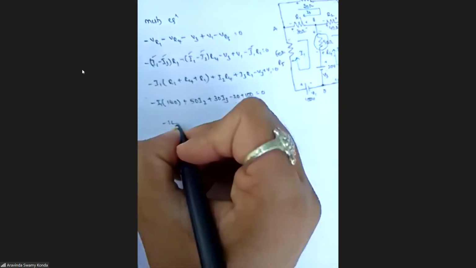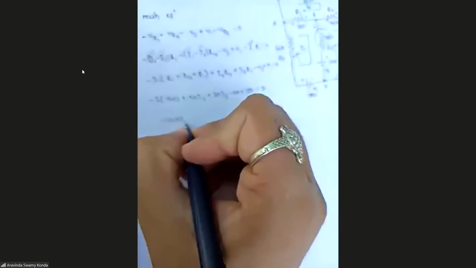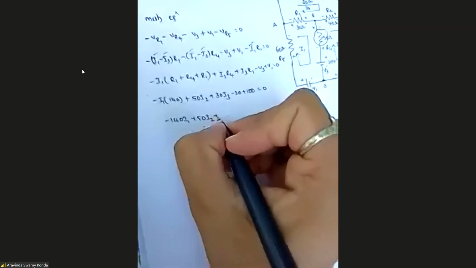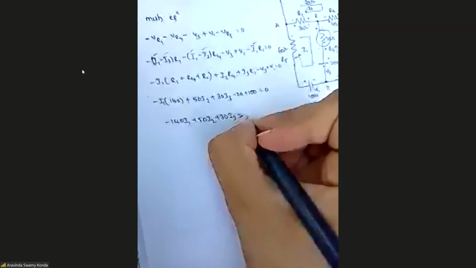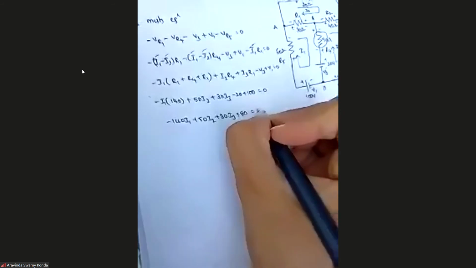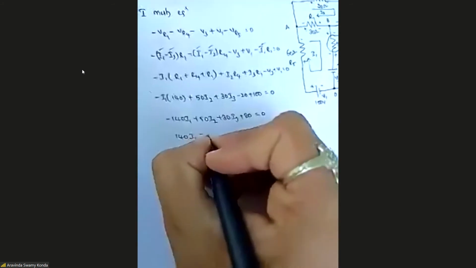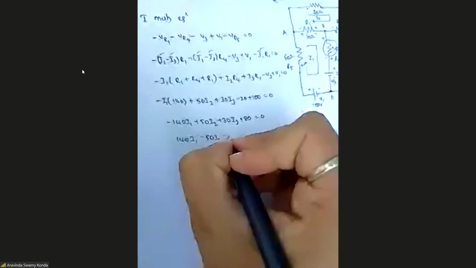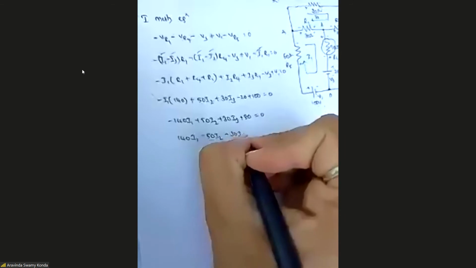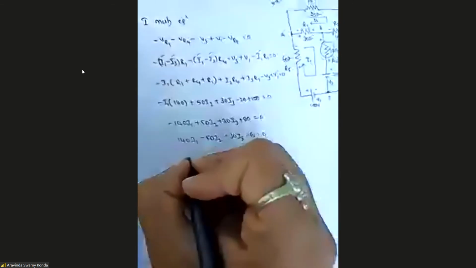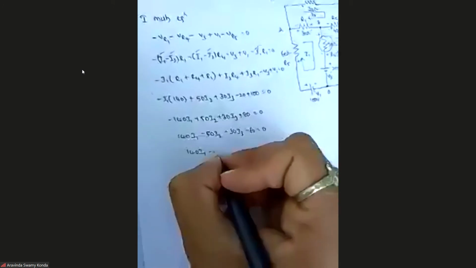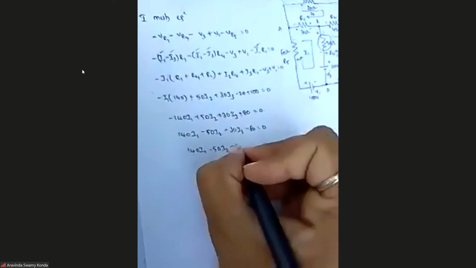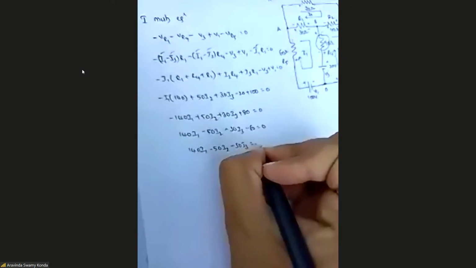So minus 140 I1 plus 50 I2 plus 30 I3 plus 80 equal to 0. Take minus as common: 140 I1 minus 50 I2 minus 30 I3 minus 80 equal to 0. That is 140 I1 minus 50 I2 minus 30 I3 equal to 80. Equation number 1.